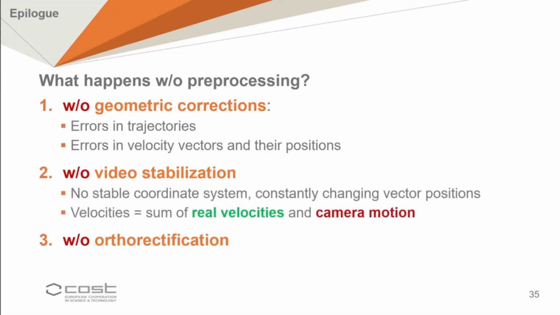Without video stabilization, we would have a constantly shifting image coordinate system with no way to separate the real tracer values from the camera motion. And finally, without orthorectification, it would be very difficult to relate the image to the real-world information and provide meaning to our velocimetry results.